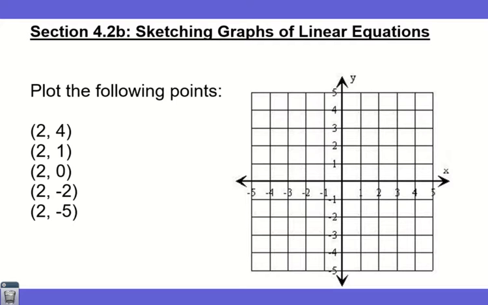So x coordinate, y coordinate: 2, 4 would go there. 2, 1 goes there. 2, 0, 2, -2, and 2, so add 2, -5.